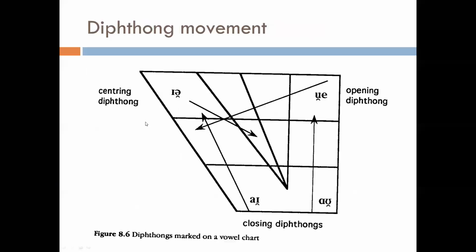So a centering diphthong might look like this one. It starts out high front like this I, and it ends with a schwa. The tongue would start out in position for this and end up somewhere closer to the center of the vowel space.